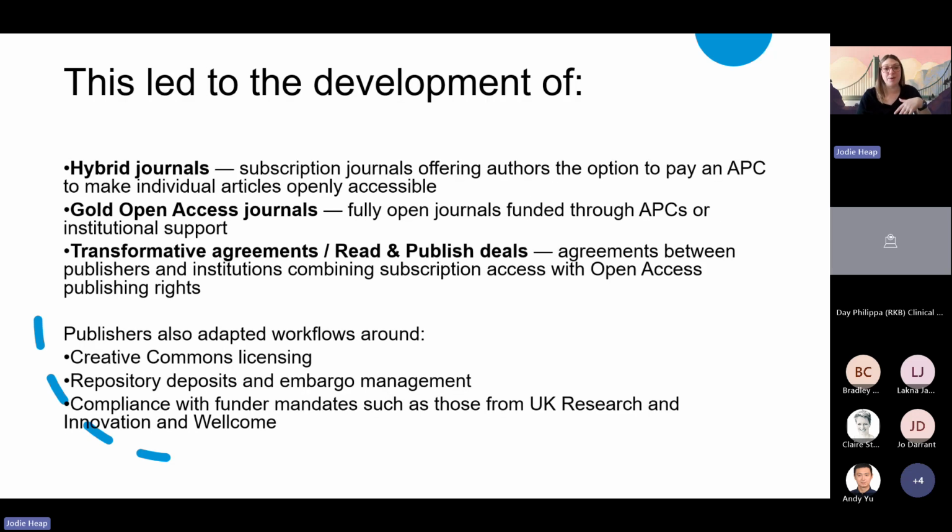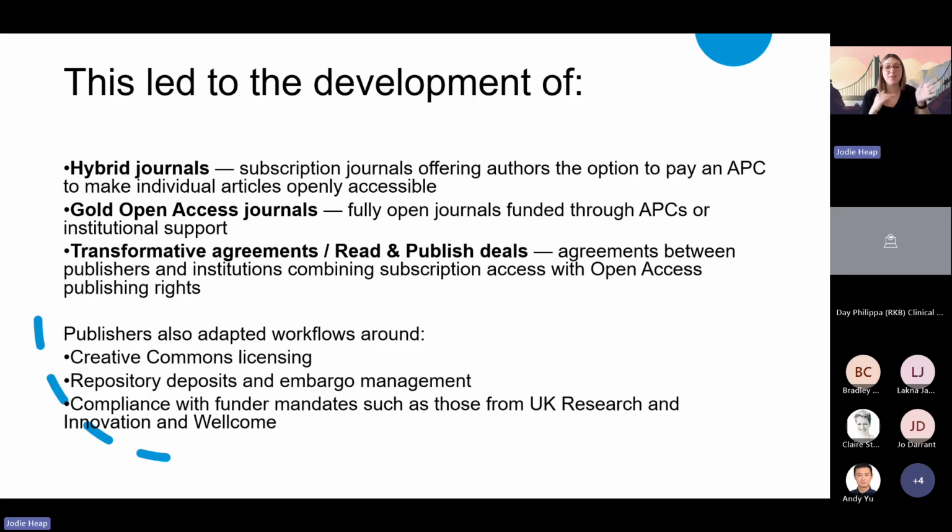And this led to things such as hybrid journals, which is to say that they offered both avenues of closed subscriptions, so pay to access, or open through gold level open access, where you pay an article processing charge, so you're covering that fee for that publisher to do the editing work that they need to do and the website hosting that they need to do, and that article has become available to access through that.